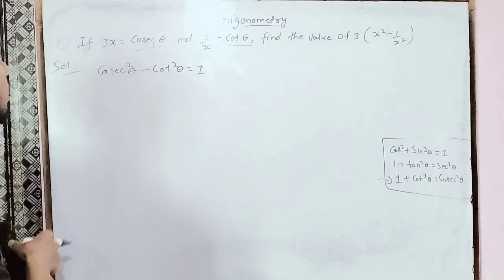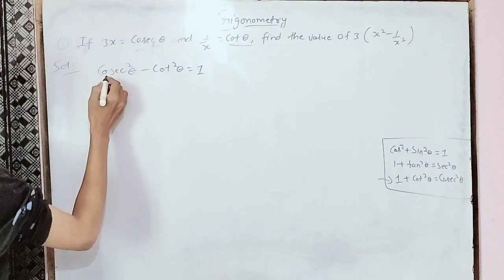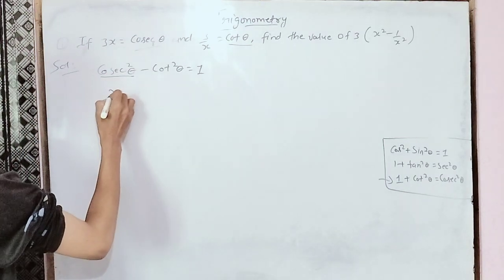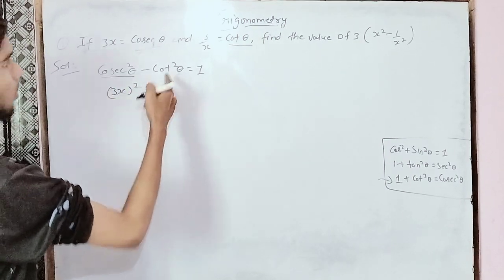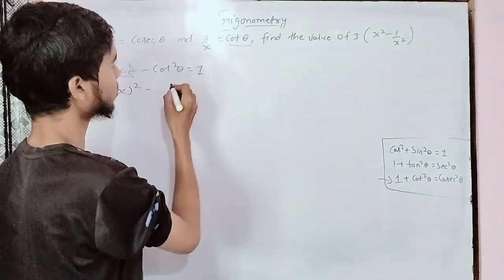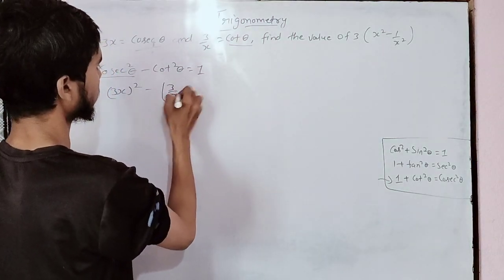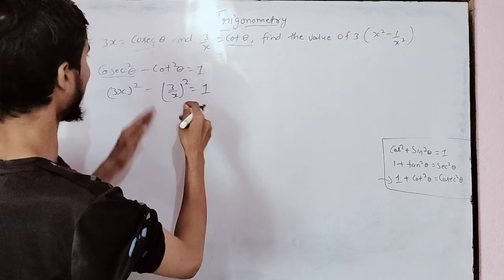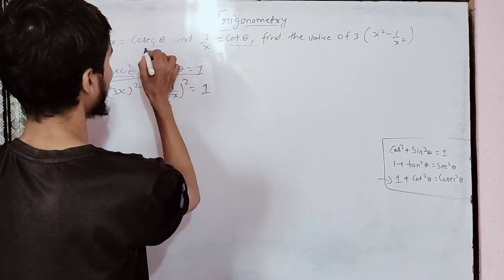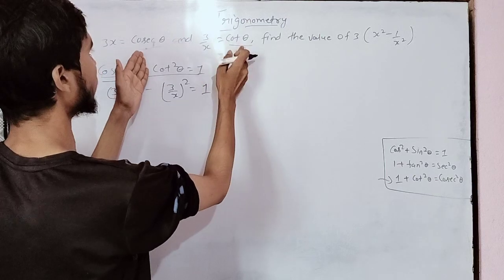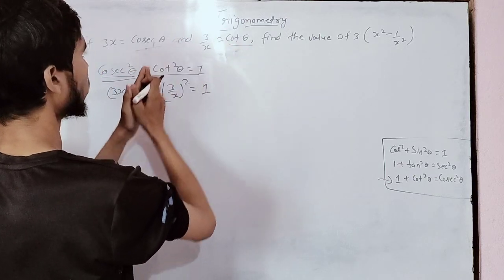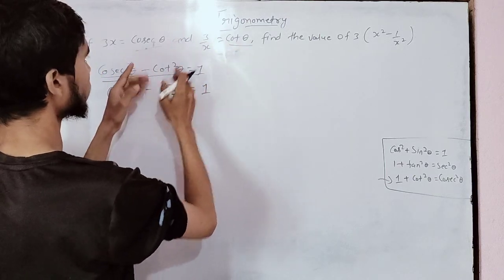now here we will substitute the given values. Value of this is how much, 3x, 3x square, clear. Value for cot theta is 3 upon x. We applied this formula according to this, and as you know, it will give us this.